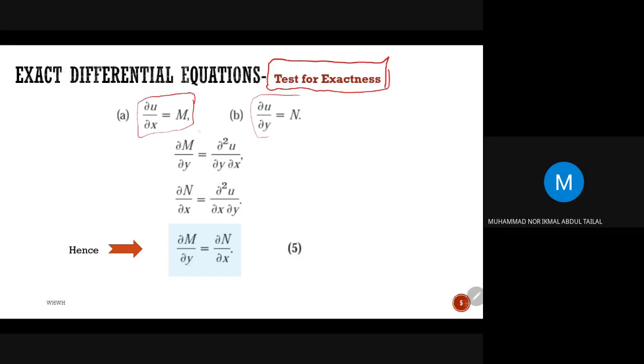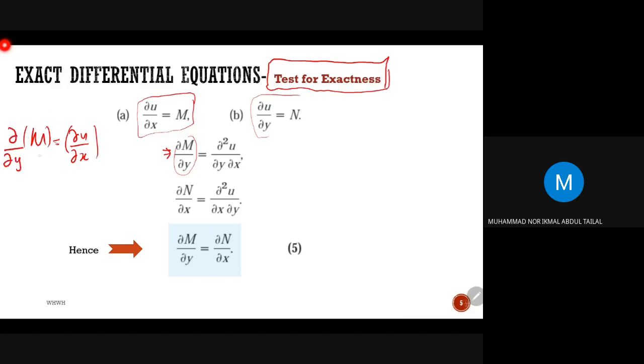Now, how do we get this? This means our m is equal to del u over del x. Now what we do is we partially differentiate this whole equation with respect to y.